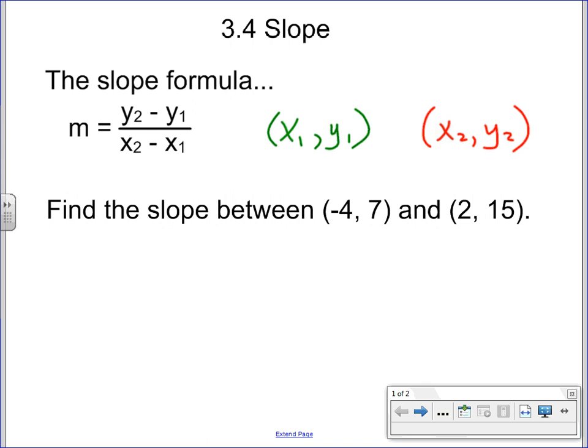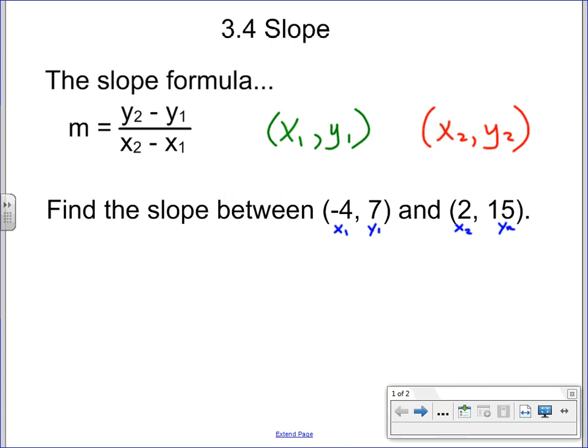So if I say that we have to find the slope between -4, 7 and the point 2, 15, I'm going to label that x1, y1, x2, y2. It does not matter which point is your first or second ordered pair, okay? But just make sure you're consistent.